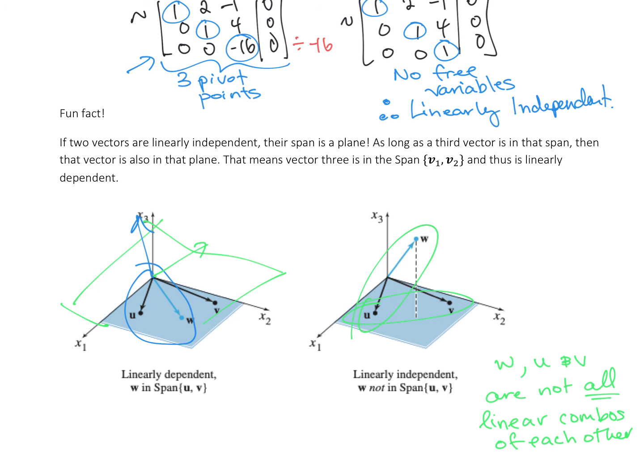But it's when that third vector is in that plane, everything is linearly dependent. When that third vector is not in the plane, everything is not dependent, they're independent. All right, that's my 2 cents on linear dependence, independence. Oof.